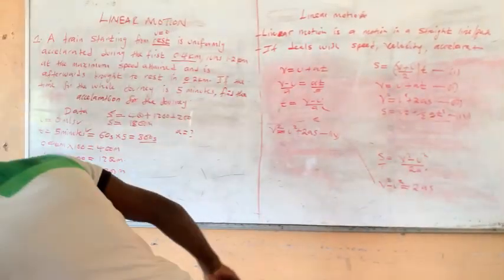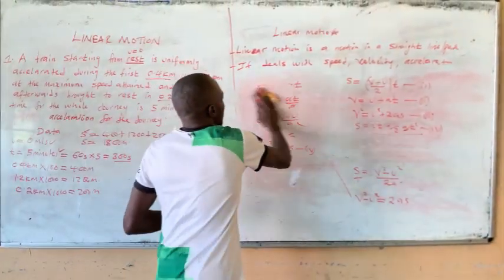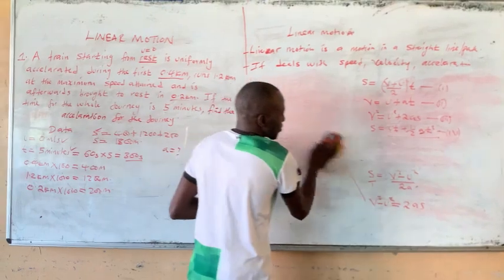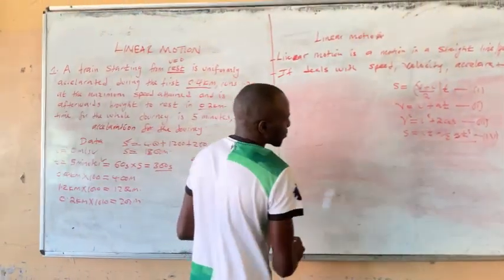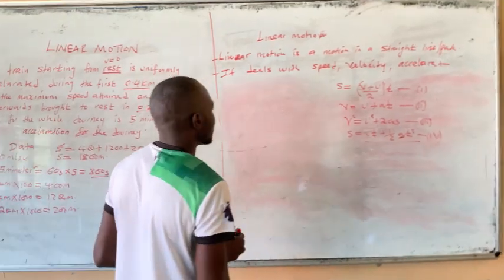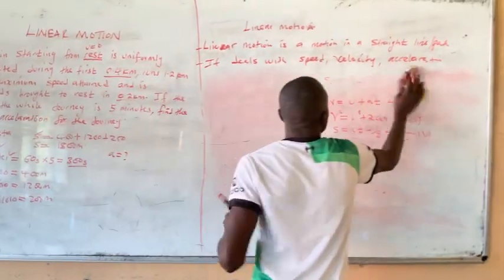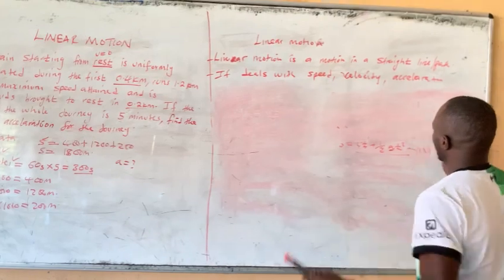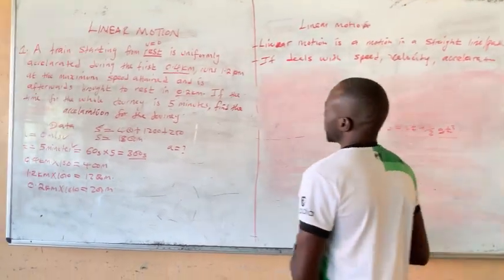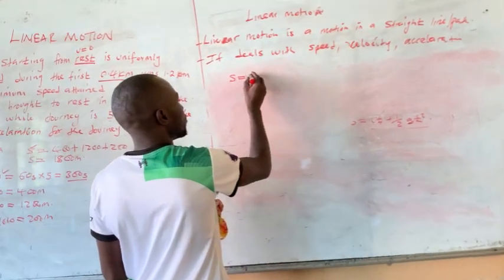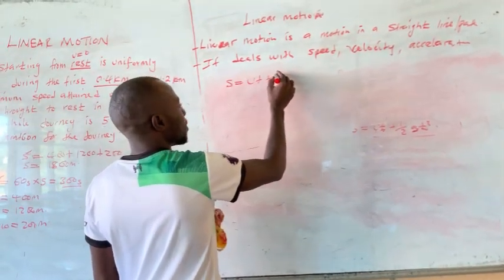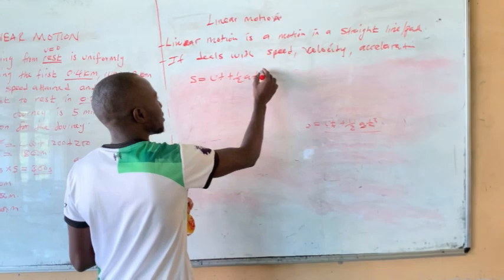Now it is just a matter of substituting. We are using this equation, S is equal to ut plus 1 over 2 at squared.